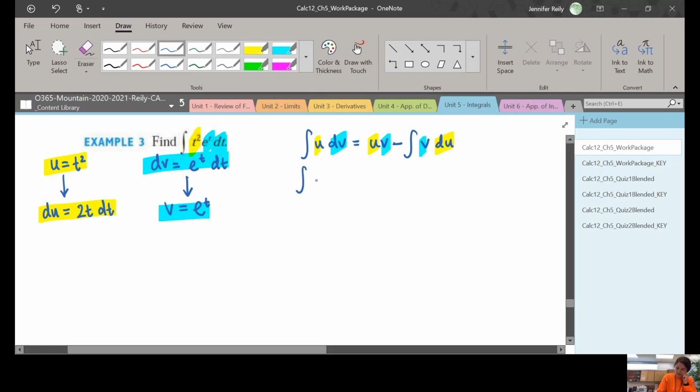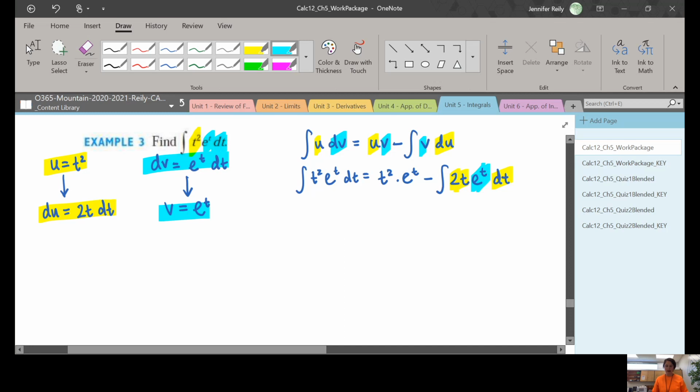Okay, so integral of t squared e to the power of t is going to be t squared e to the t minus integral of 2t e to the power of t. I wrote the 2t in front, just because conventionally that's what you do.